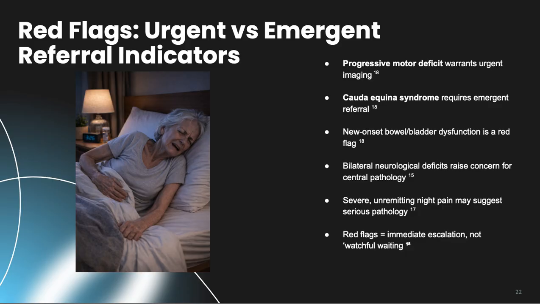Cauda equina syndrome is emergent, okay? New bowel and bladder dysfunction, saddle anesthesia, and bilateral neurological deficits, okay? The most important portion of that cauda equina syndrome is going to be urinary retention, okay? They feel like they can't fully void the bladder. If that is new, or if the doctor doesn't know, that's another big thing, okay?